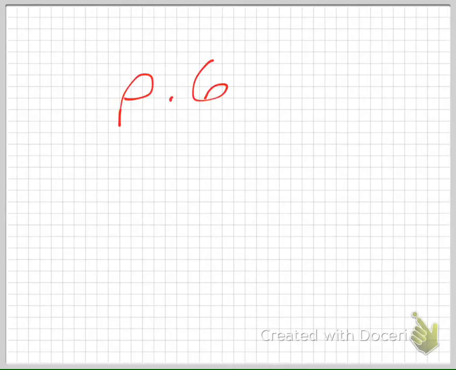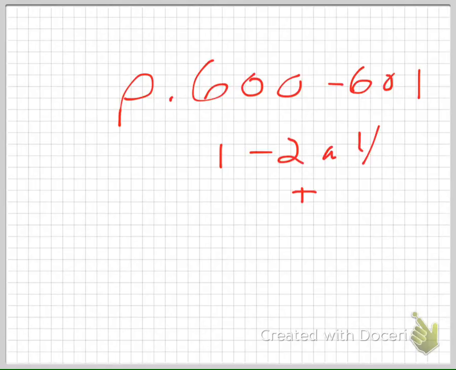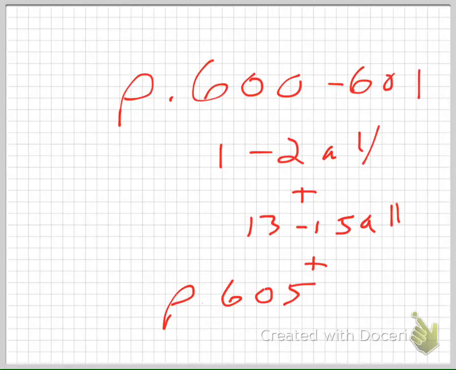Page 600 to 601, 1 through 2 all, and 13 through 15 all, and page 605, 1 through 5 all, and 15 through 17 all. You guys have 20 minutes to get this done. I don't see any reason why you wouldn't be able to.